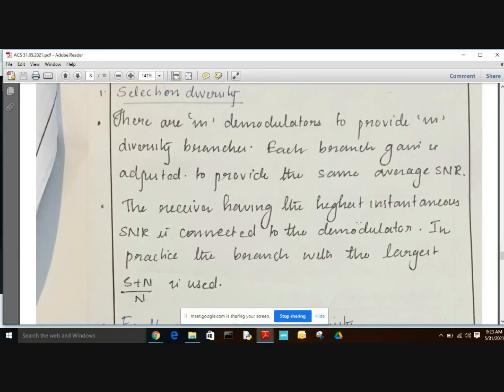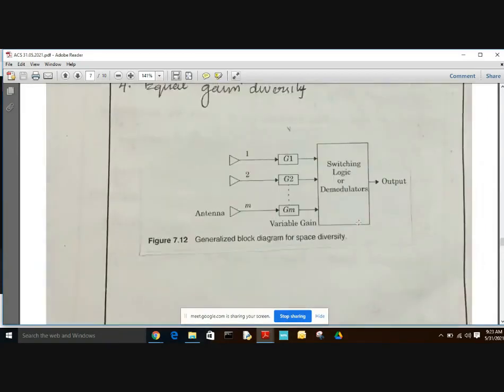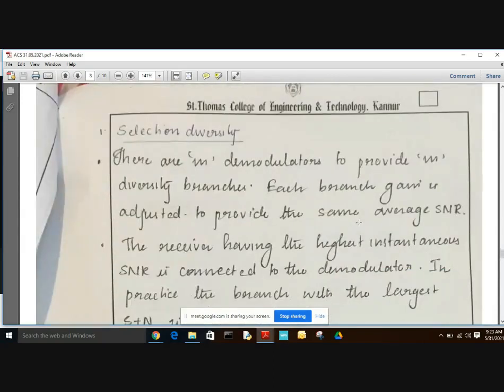So in selection diversity, we have M demodulators to provide M diversity branches, and each branch has a gain, and this gain is adjusted in such a way as to provide the same average signal to noise ratio.